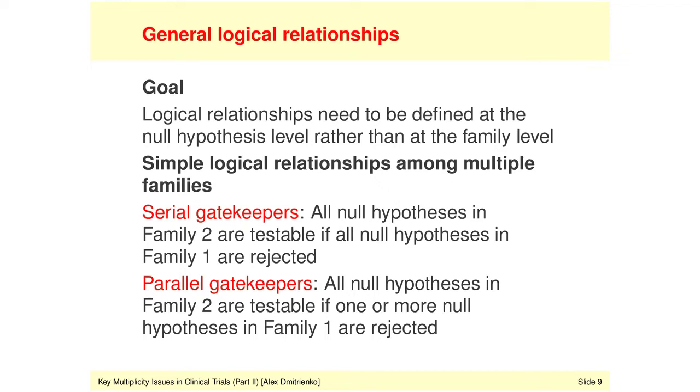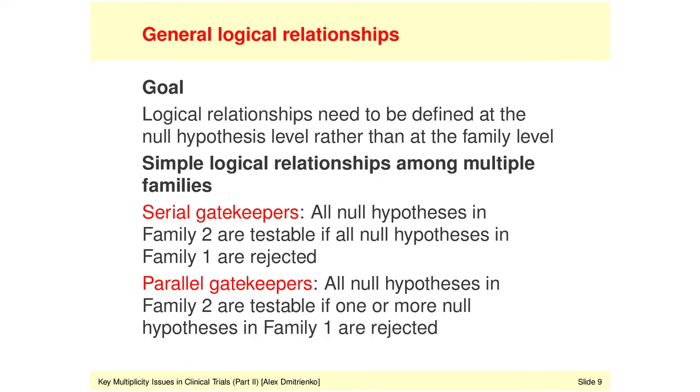That is really the key point on the slide, because if we go back to simple logical restrictions that we have discussed before, including serial gatekeepers or parallel gatekeepers, we need to realize that those restrictions operate at the family level. For example, with serial restrictions, we impose the following condition, that all null hypotheses in the entire family 2 would be testable if all null hypotheses in family 1 are rejected.